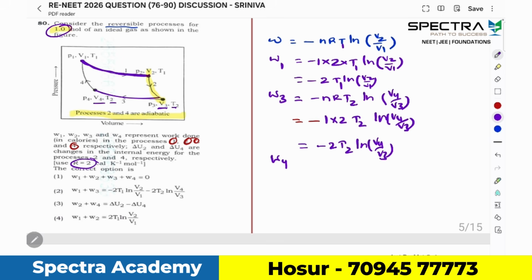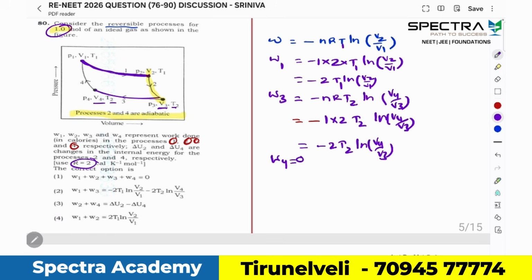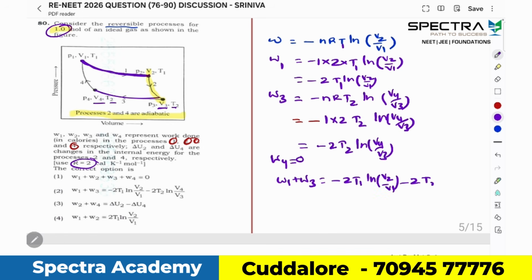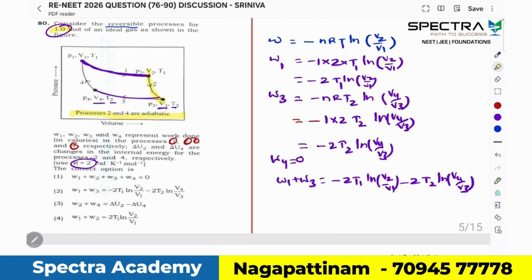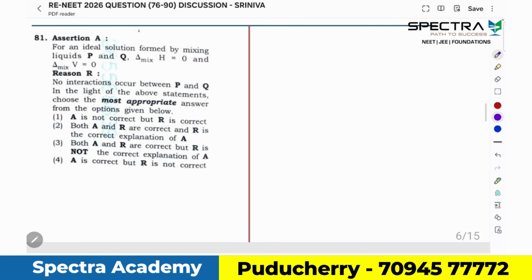The work done in the adiabatic process is 0. So finally if you add these two, W1 plus W3 is equal to minus 2 T1 ln V2 by V1 minus 2 T2 ln V4 by V3. So this is the final equation. The answer is 2.